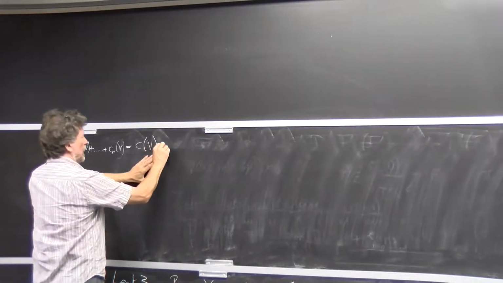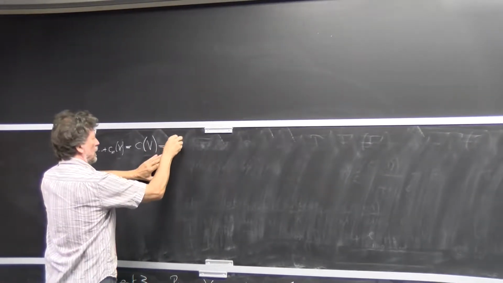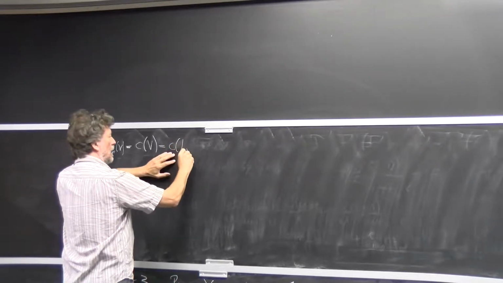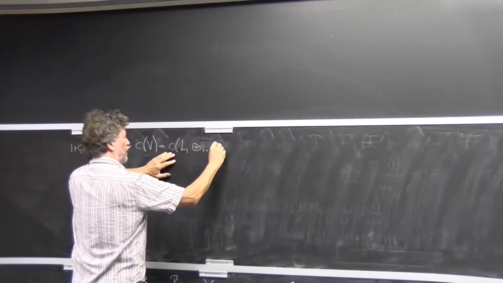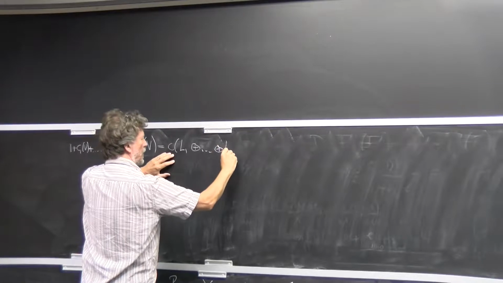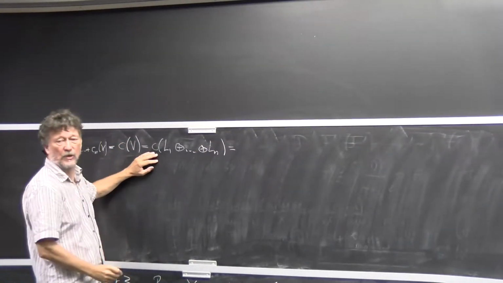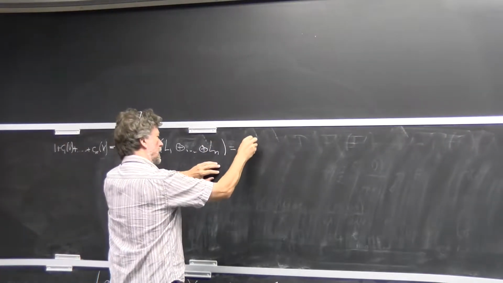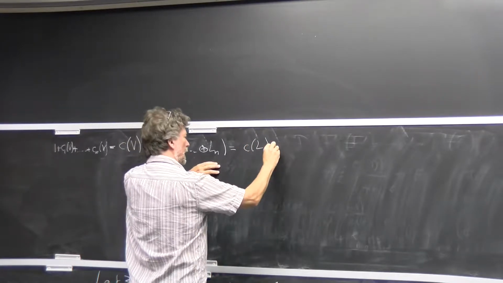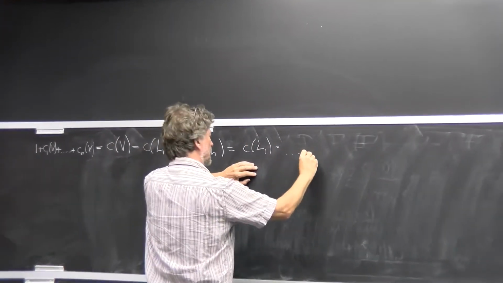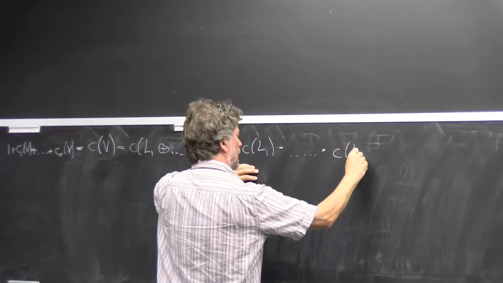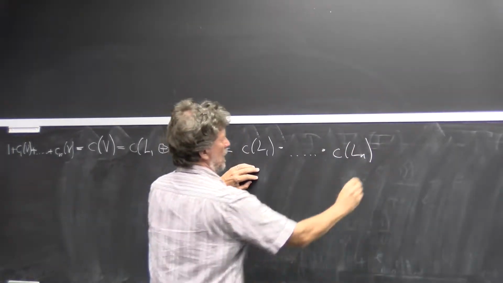On the other hand, I know that the Chern class of a sum of bundles is given by the product of the total Chern classes of these things. So this is C of L1 times C of L2 times C of Ln.